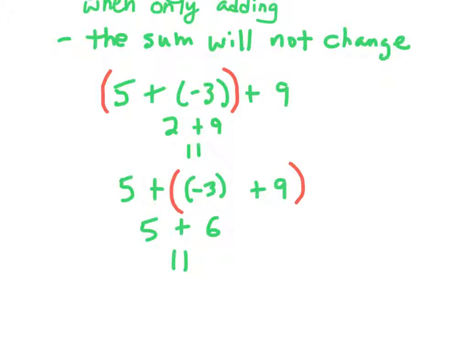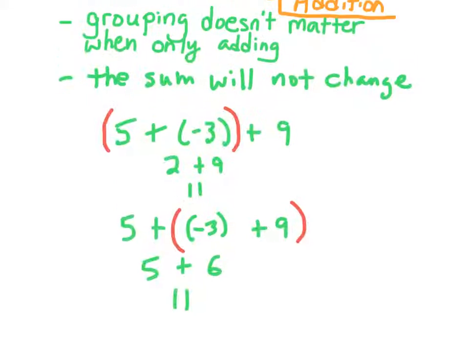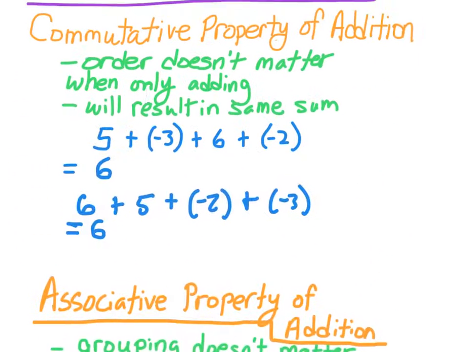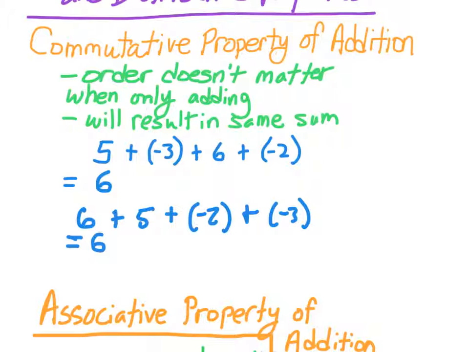Now, just before we go on to the next properties, I want to show you, there is no commutative property of subtraction, right? So for example, if I say 7 minus 3, what does that equal? 4.